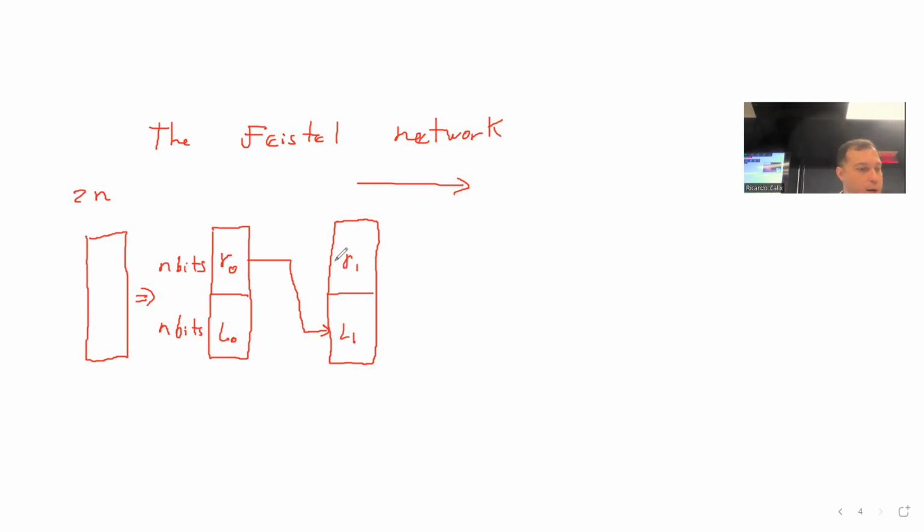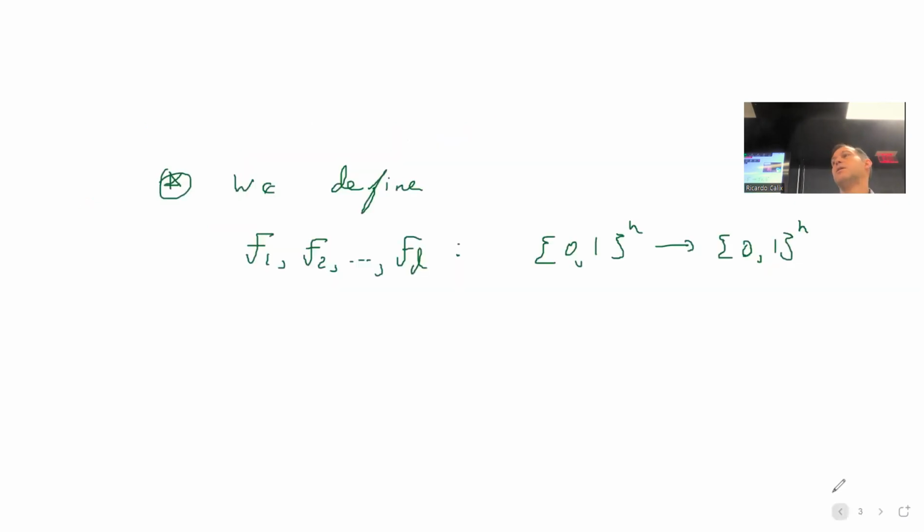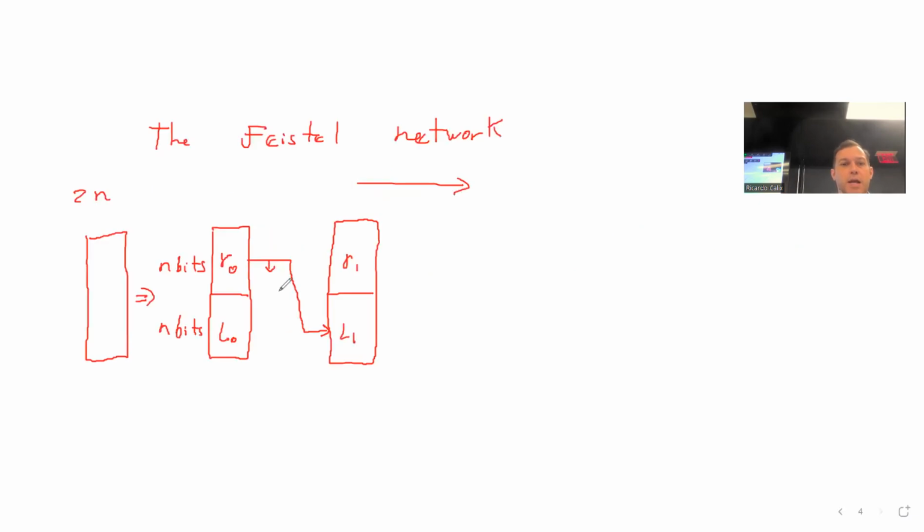To get R1, we are going to take R0, and R0 will go into one of those functions that we defined previously. Remember, and these functions also do a conversion. But in the end, you have a block of n bits, and it produces a block of n bits. You see that? That's the data encryption standard. Okay, so we go over here, and this is going to be called F1.